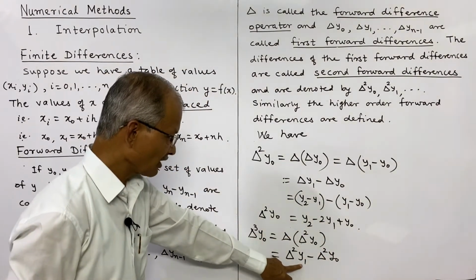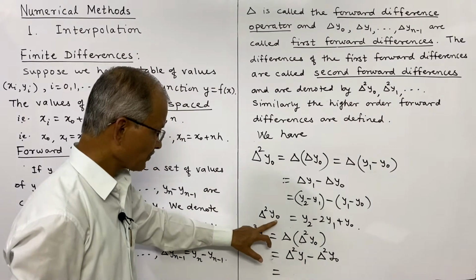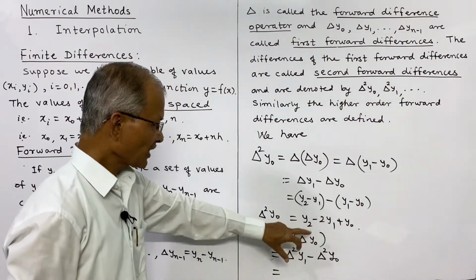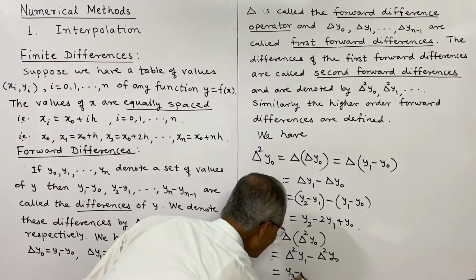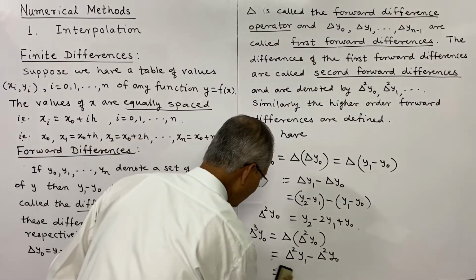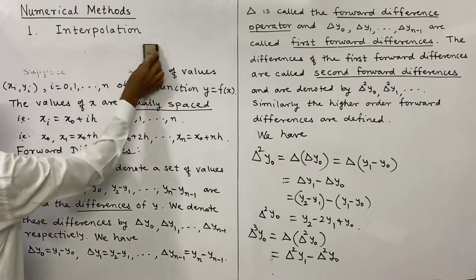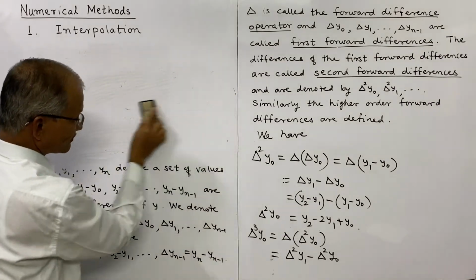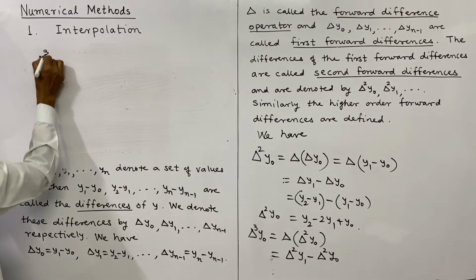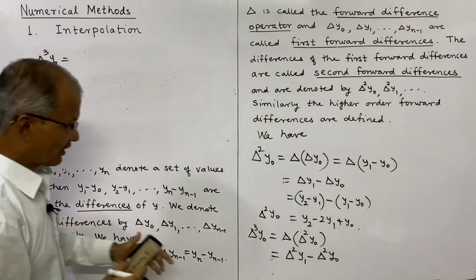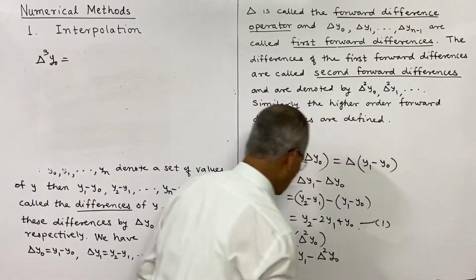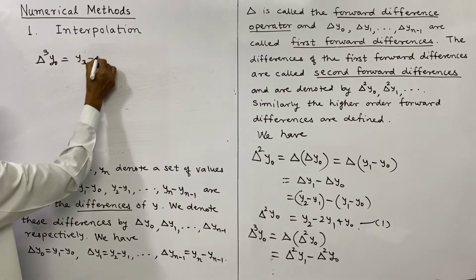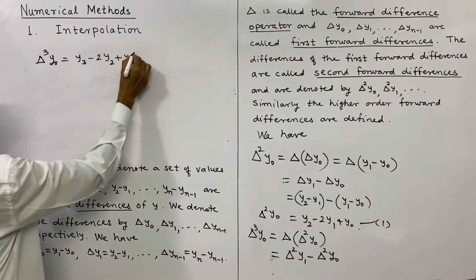To write Δ²y1, in place of 0 we have to put 1, that means we increase the suffix of each by 1, and thus this is y3 minus 2y2 plus y1.